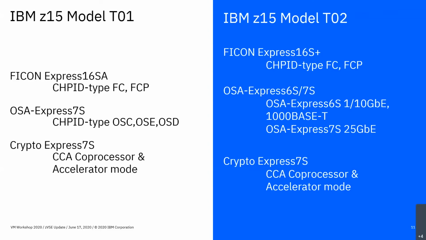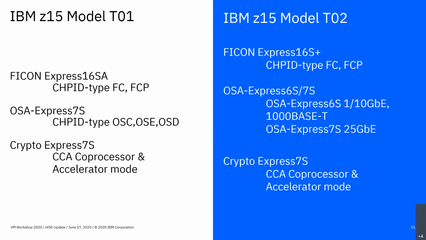The 15 Model T01 provides the following new I/O cards: FICAN Express 16SA with chippy type FC and FCP, OSA Express 7S with chippy type OSC, OSE, and OSD, Crypto Express 7S with CCA coprocessor and accelerator mode. Whereas EP11 mode is not supported by VSE.